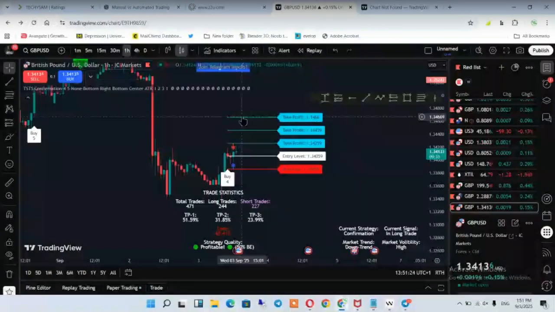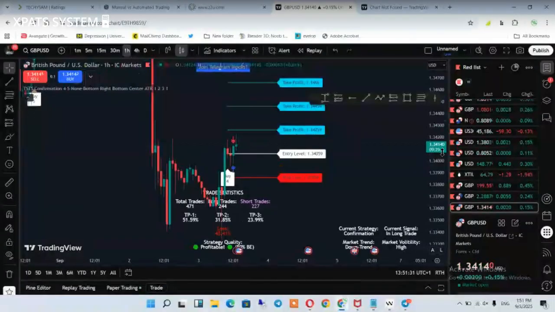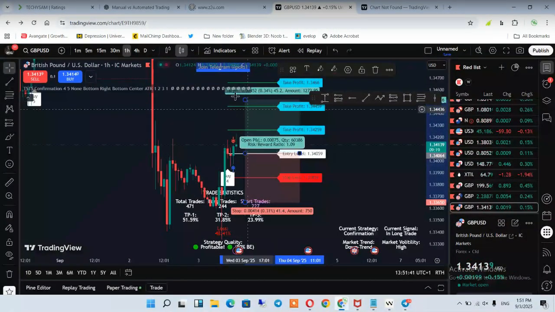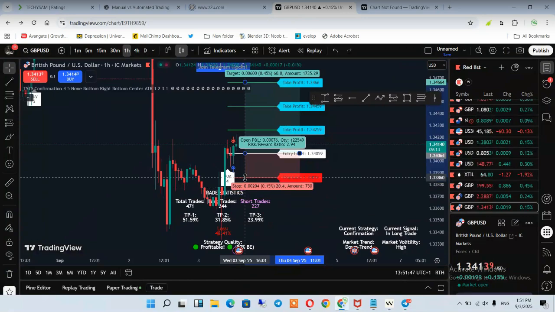Honestly, it's actually pushing me to take the trade. I can take it with a limit order right now, because everything is just well aligned. We have a massive fair value gap up there that needs thorough filling. Our target is here. Our risk to reward is 3.